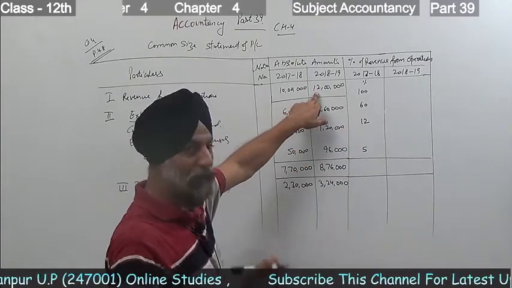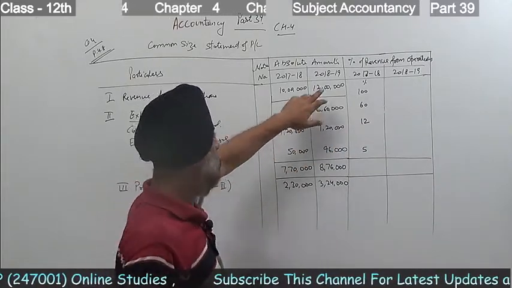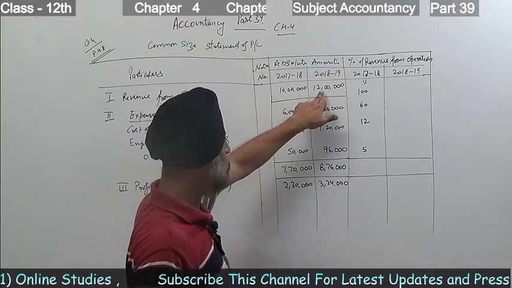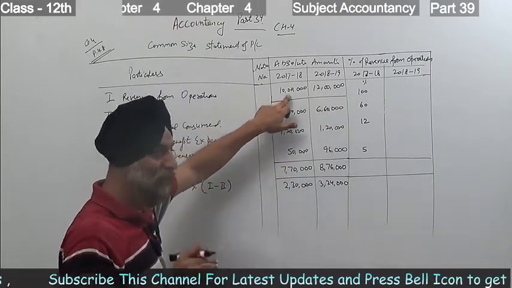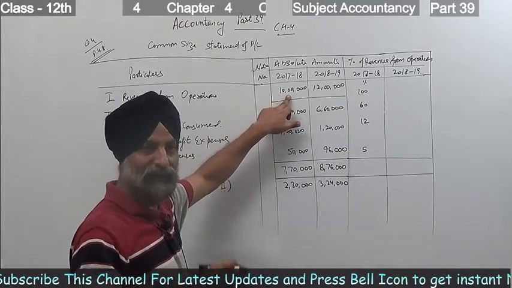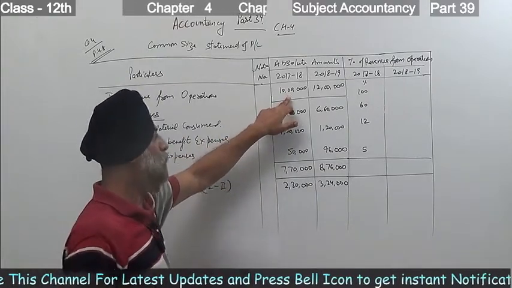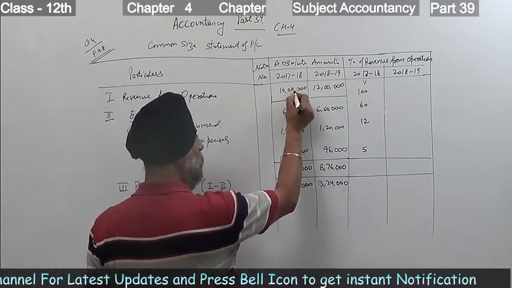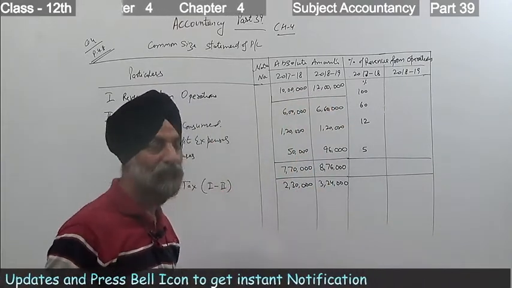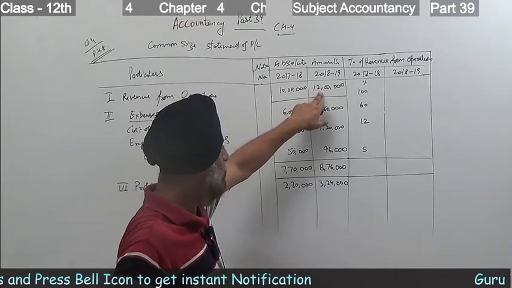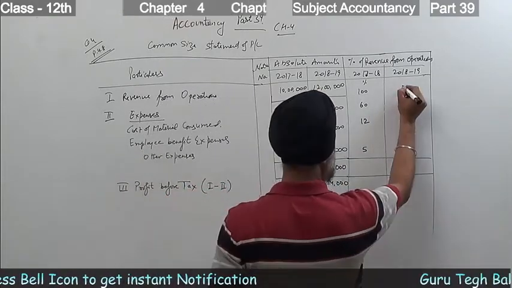12 lakh by 12 lakh into 100. For 2019, the base is revenue from operation 12 lakh rupees, and for 2017-18, the base is revenue from operation 10 lakh. So take 10 lakh in each case in 18 and 12 lakh in each case as a base in 2019. So divide 12 by 12 lakh into 100, then you will get again 100%.